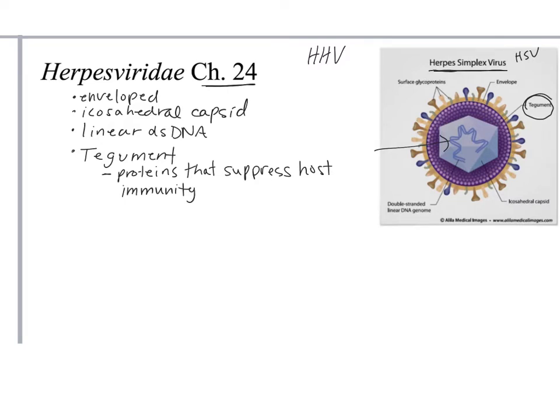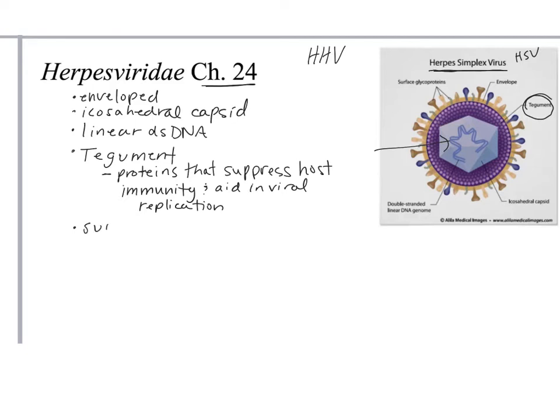For example, some of those proteins actually suppress interferon alpha and beta production. So that's type 1 interferon. Remember, that's our innate system's kind of response to virally infected cells. All right, so these tegument proteins suppress our host cell production of that type 1 interferon. The other thing that they do, just in general, is aid in viral replication.